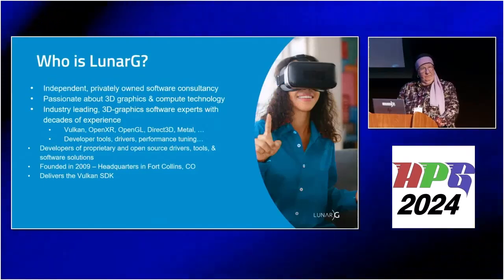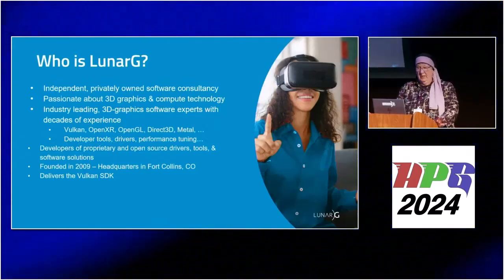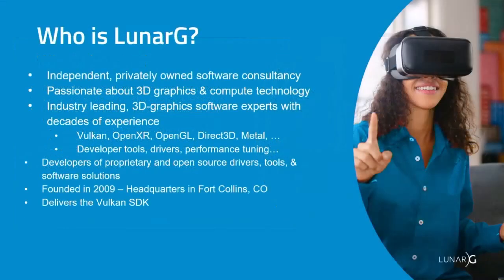All right, first of all, who is Lunar G? So we're independent, we're privately owned, we're a software consultancy, we're a bunch of software engineers that are passionate about 3D graphics. I have a staff of industry-leading experts with decades of experience in multiple graphics APIs and GPU technology.